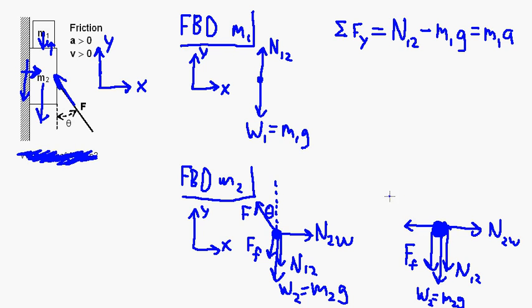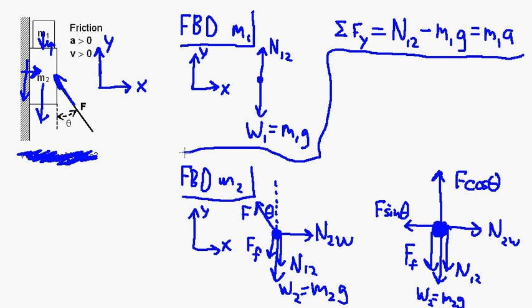So this is F sine theta here, and F cosine theta going up, because it's adjacent to the theta. And there is our free body diagram for number 2. Just to keep myself a little more space, I'm going to make this F cosine theta over here. Let's just draw a line here and say all this is for mass 1.